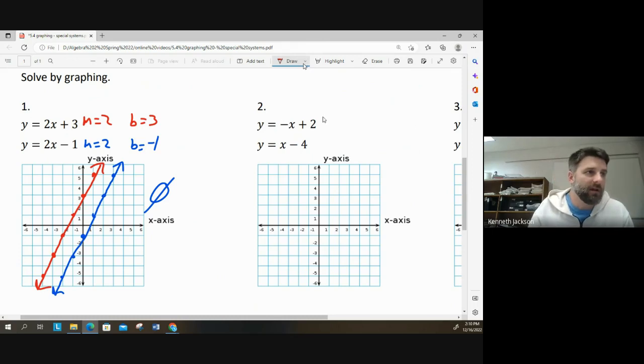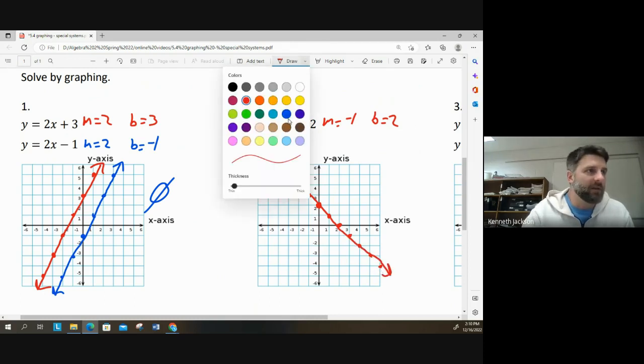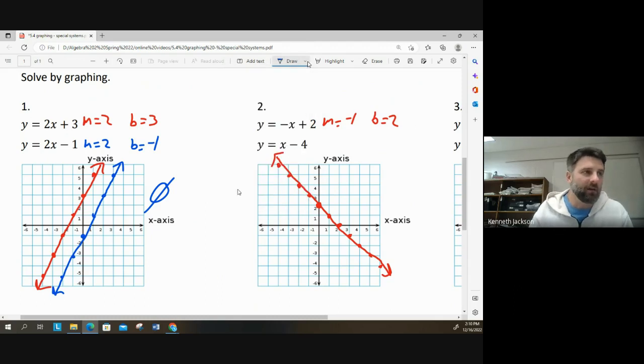On number 2, the slope of the line is negative 1. The y-intercept is 2. I graph my first point at positive 2, the y-intercept, and then I use my slope. Down 1, right 1, down 1, right 1, or up 1 and left 1. And again, we should graph the entire first line because I don't know where my second line might cross it. Once I graph the first line, grab a different color here and graph the second line using slope-intercept form. Slope of 1, y-intercept of -4.